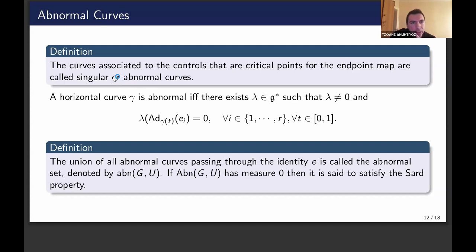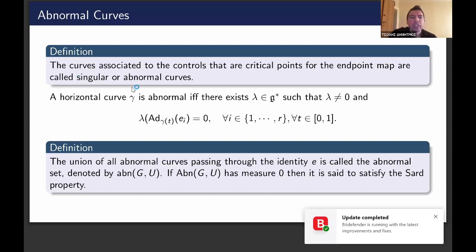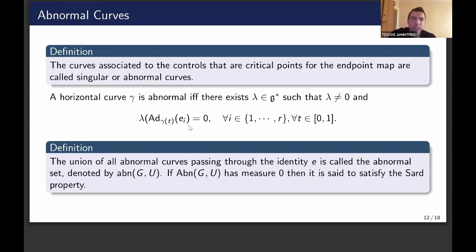Now we define abnormal curves. The curves associated with controls that are critical points of the endpoint map are called singular or abnormal curves. Equivalently, a curve is abnormal if and only if there exists a covector that satisfies this relation here.